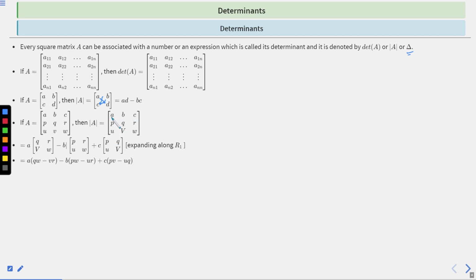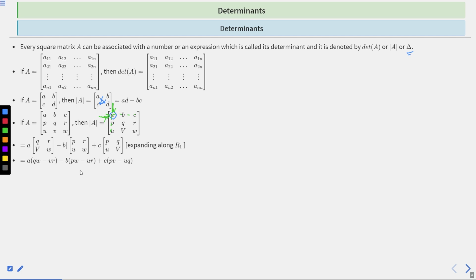Now, if we expand along R1, you can see that first take A as common, right? Now, take this row and this column. You cover this column and this row. So what are you getting? After covering this one and this one, you will get QRVW, right? And plus minus sign will be alternate. If A has plus sign, then B has minus sign, right?